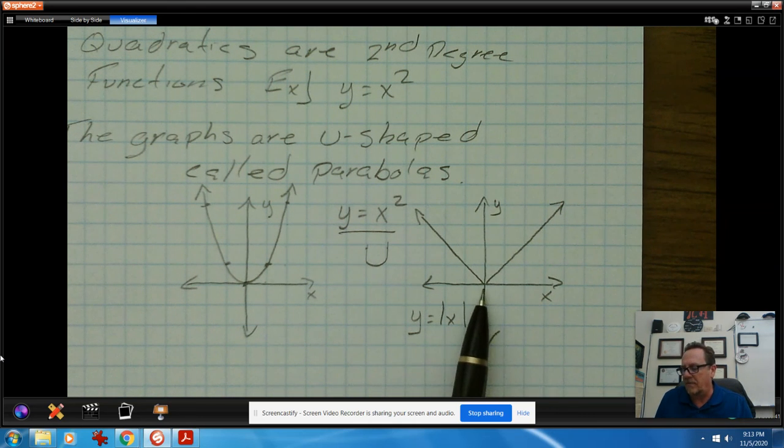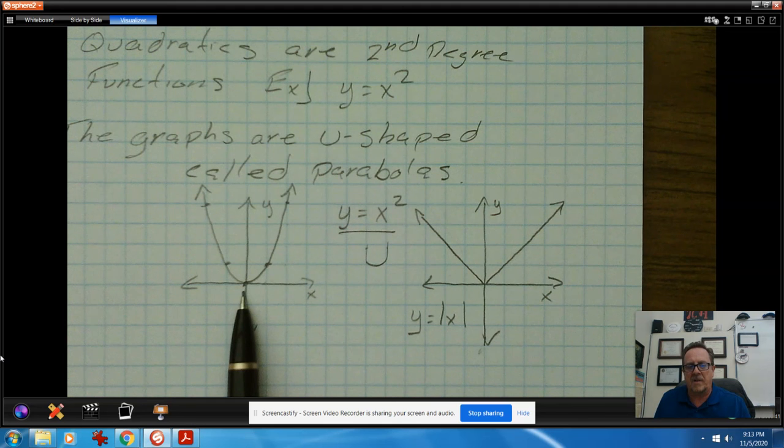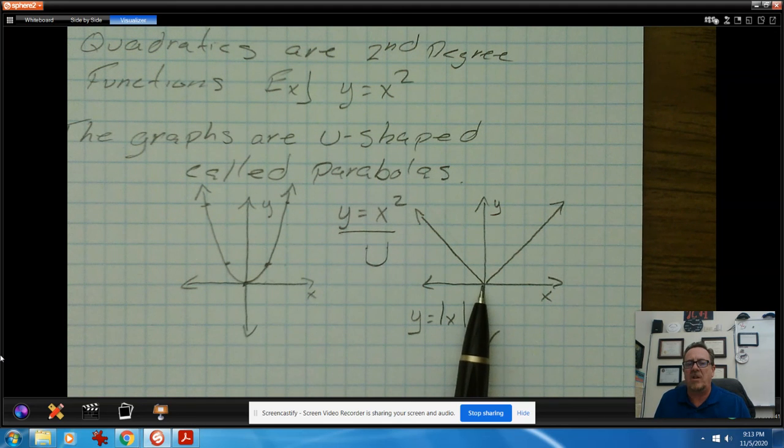And it also had a vertex. And this parent function was also putting the vertex at the origin. So these have a lot in common. This one's a U shape and the vertex is at the origin. This one's a V shape and the vertex is at the origin. They have a lot in common.